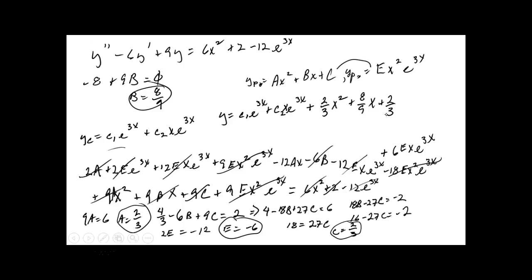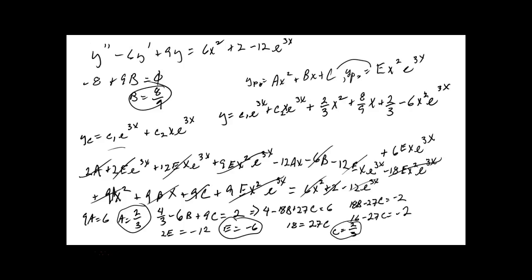Really? A and C were the same? Yep. Okay. Plus, and our E was -6, that's a -6 x squared e to the 3x. That's all we can do on that one, I think.